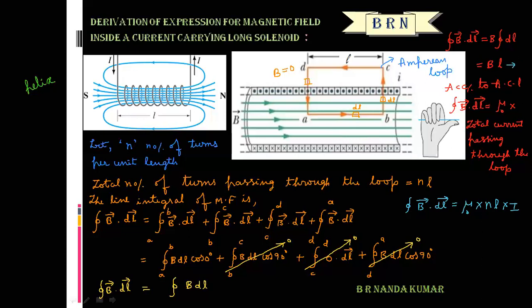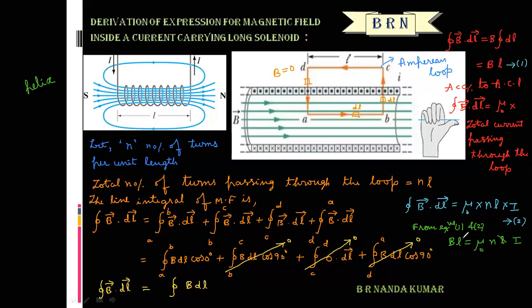So integration of B vector dot dl vector is BL. Call this equation number 1. Call this equation number 2. So now comparing the two equations 1 and 2, LHS sides are same, equating the RHS sides, BL is equal to mu naught nLI.